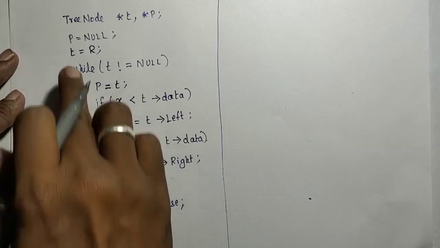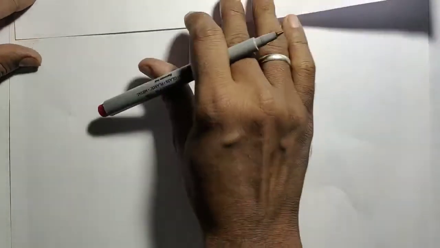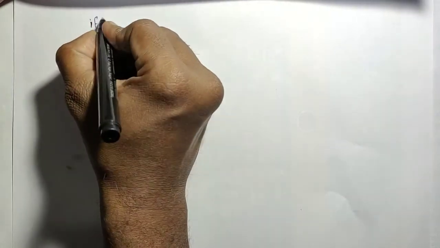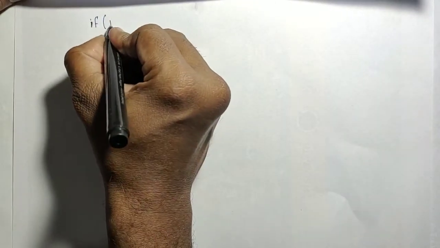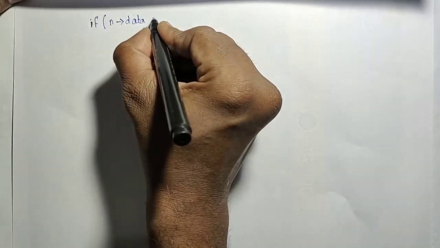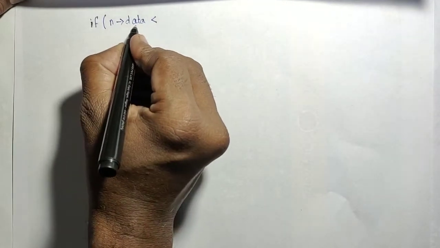So at the end of the while loop, I have to write: if x, or the new data, n of data, is less than that p of data, then to that p node I am going to insert that data.